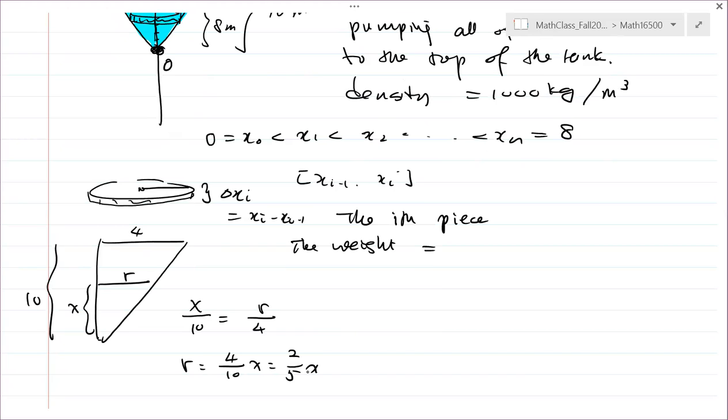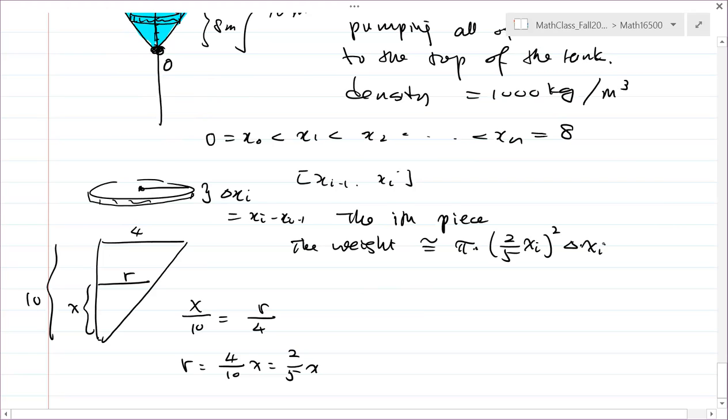Okay, 2 over 5 x. So at the point xi, right? At the point xi, so the volume is going to be pi r squared, right? The weight is about pi r squared. r squared is going to be 2 over 5 xi squared, and times delta xi. But that's just a volume.